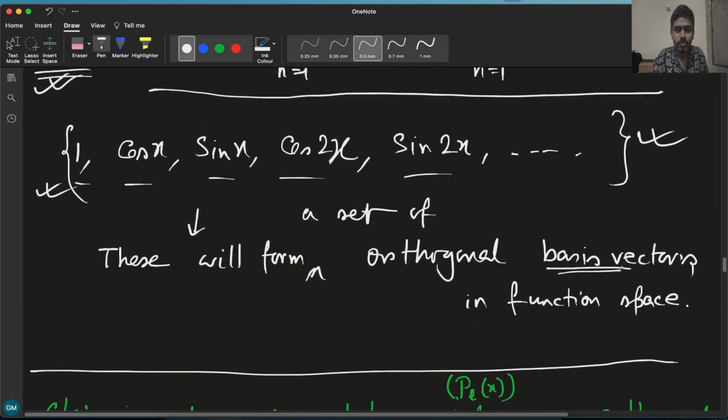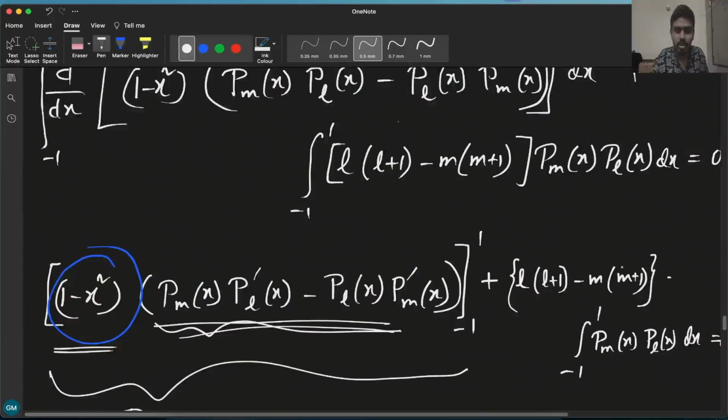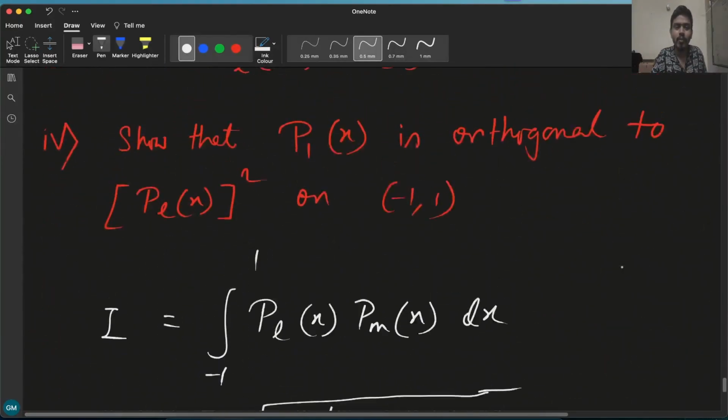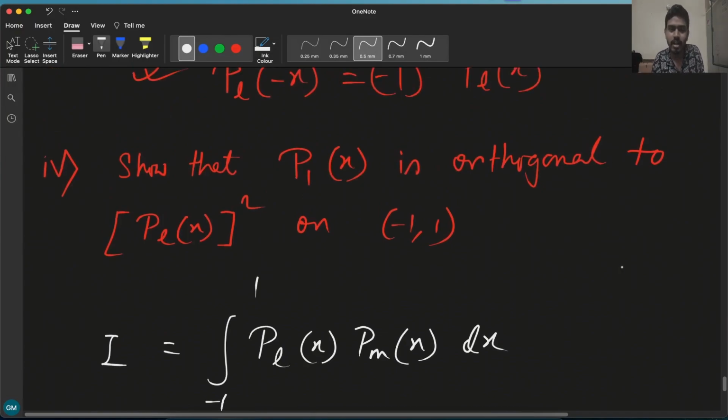Here, what we showed just now is that the inner product between P_L(x) and P_M(x), any two different Legendre polynomials, is 0. That means they are orthogonal, so they can form a basis, and L can go from 0 to infinity.